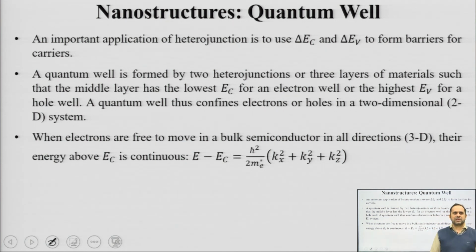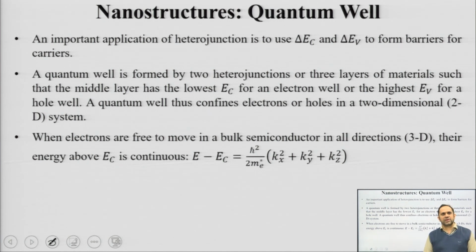We have discussed potential wells earlier, and that was nothing but a potential barrier which charge carriers experience. So, a quantum well confines electrons or holes in a 2-dimensional system. And you need to apply a certain energy such that this barrier can be surmounted and conduction can take place.